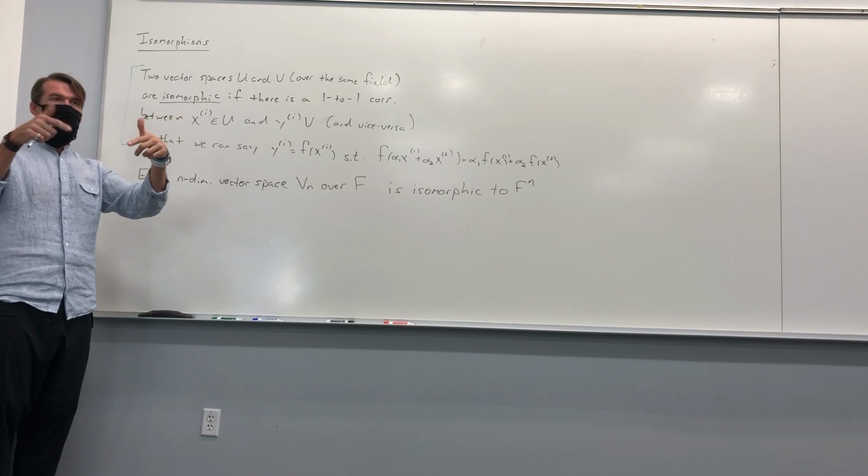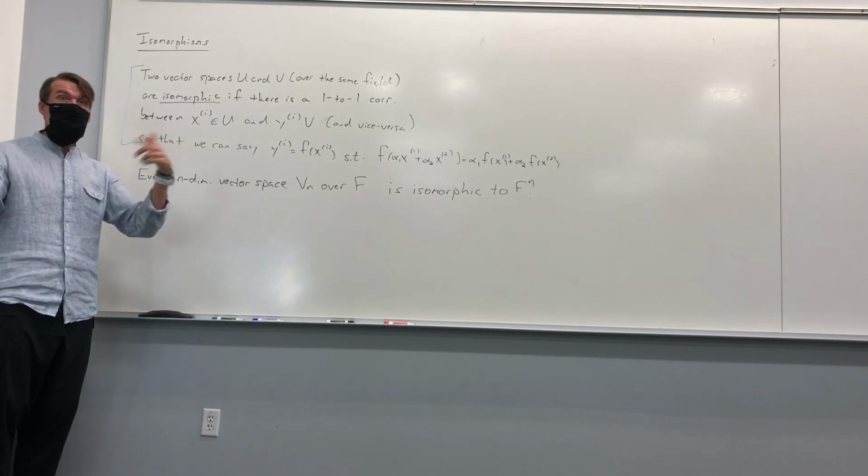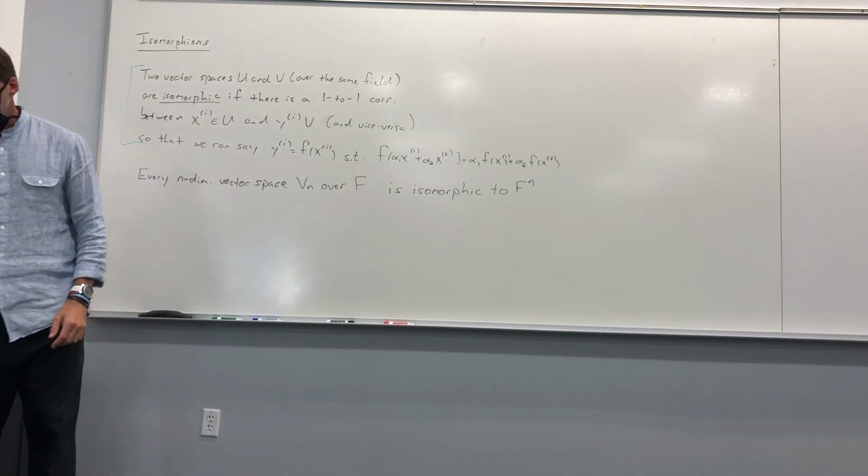If A is isomorphic to B and B is isomorphic to C, A is isomorphic to C. It's that simple. Okay?